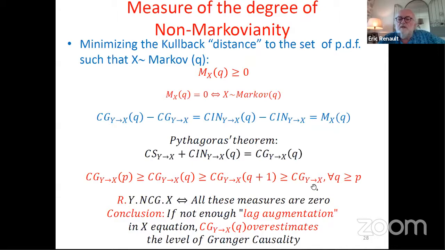And you should actually take an infinite number of lags to get it right. Of course, if there is no Granger causality, all these measures are zero, and there is no issue. But lag augmentation becomes necessary when there is causality, and you don't want to overestimate the Granger causality from Y to X. Once more, the source of overestimation is non-Markovianity. That is, as I said, this Granger causality measure is the true one plus a measure of non-Markovianity. You make a confusion between the two.